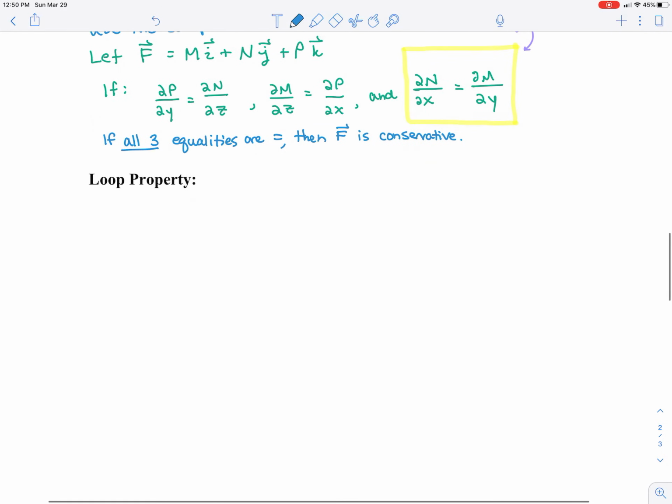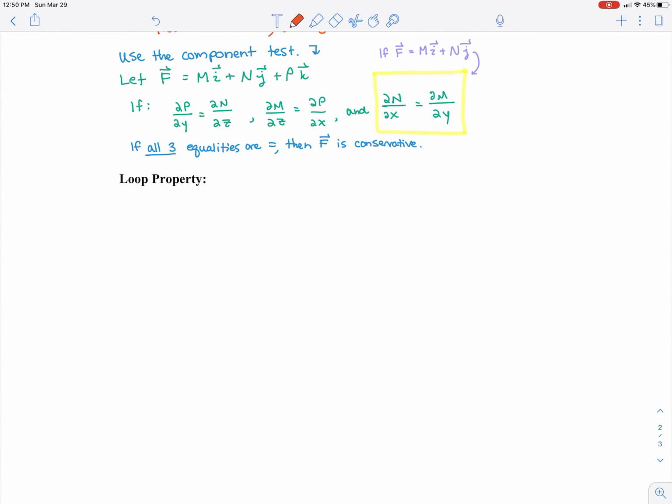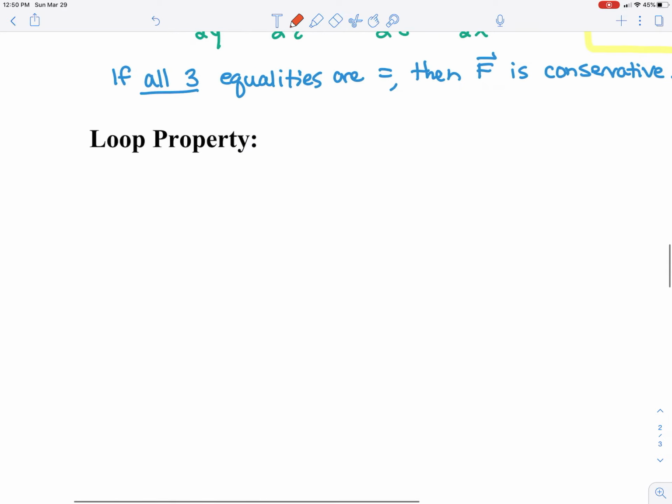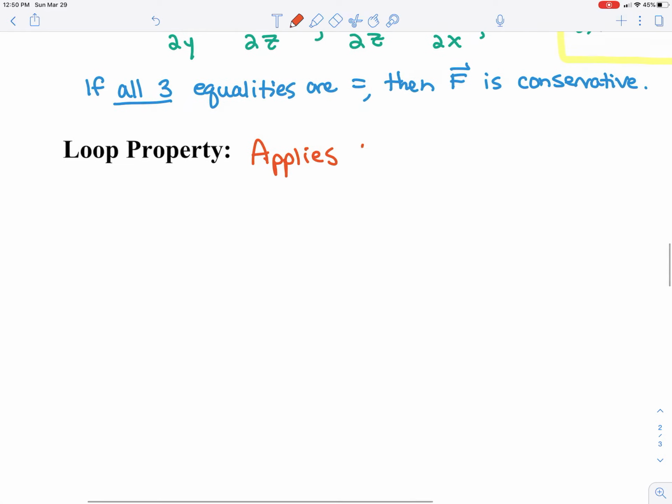And then the last idea I want to talk about is a special property of conservative vector fields called the loop property. So the loop property applies to conservative vector fields.